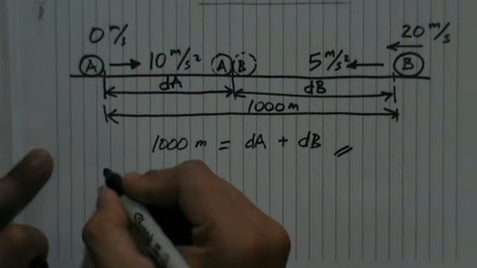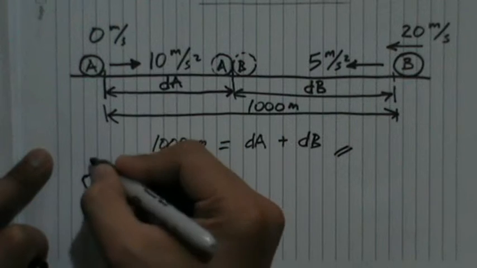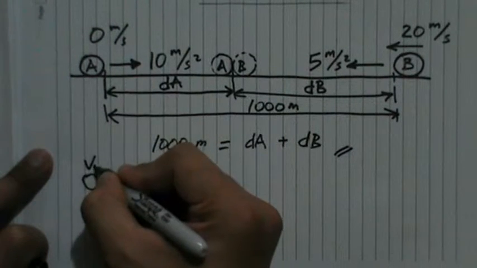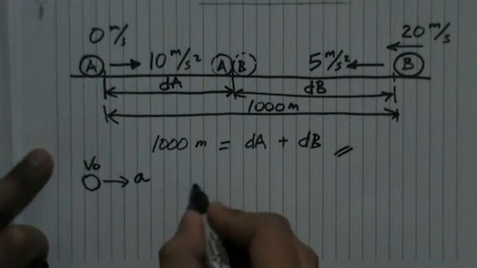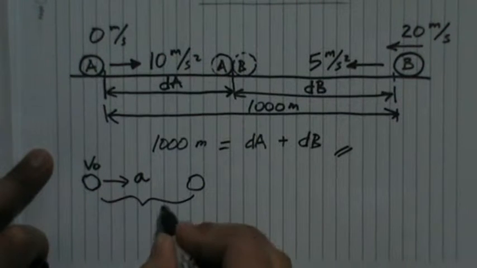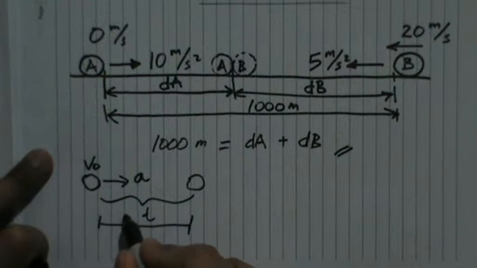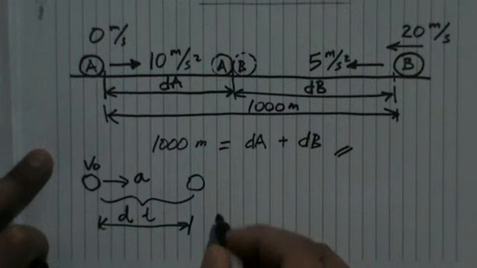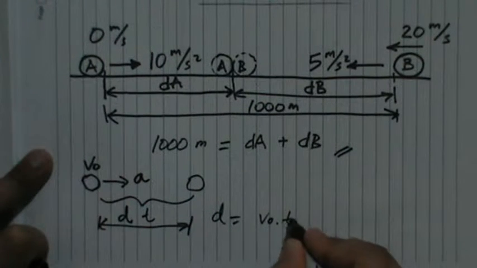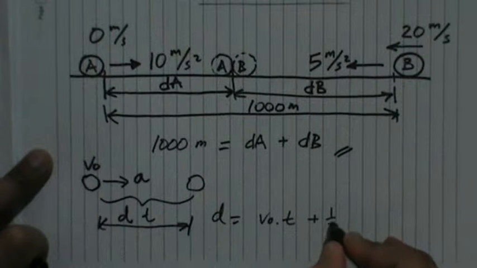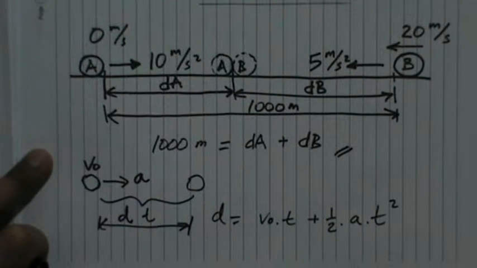And now let me remind you again, if we have an object, let's say it has initial speed v0 and its acceleration a, after it moves t seconds, the distance traveled by the object will be v0 times t plus 1/2 times a t square.